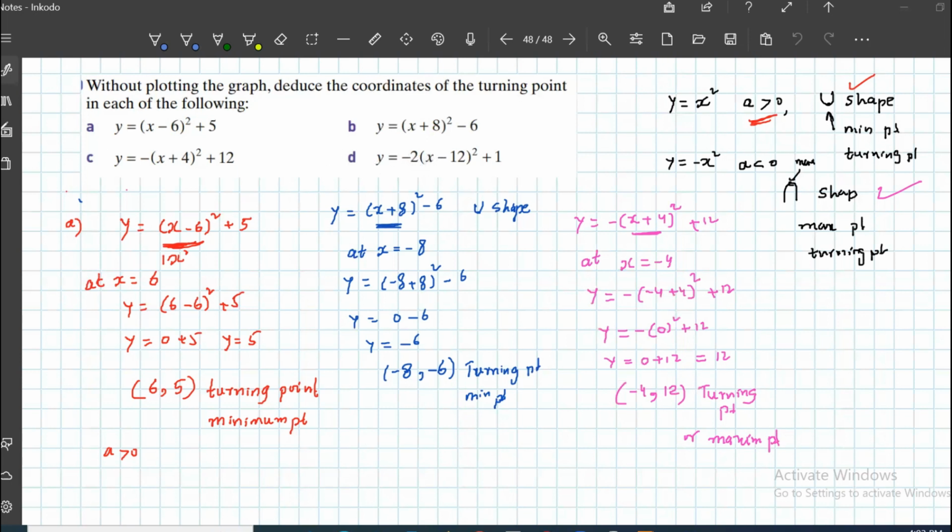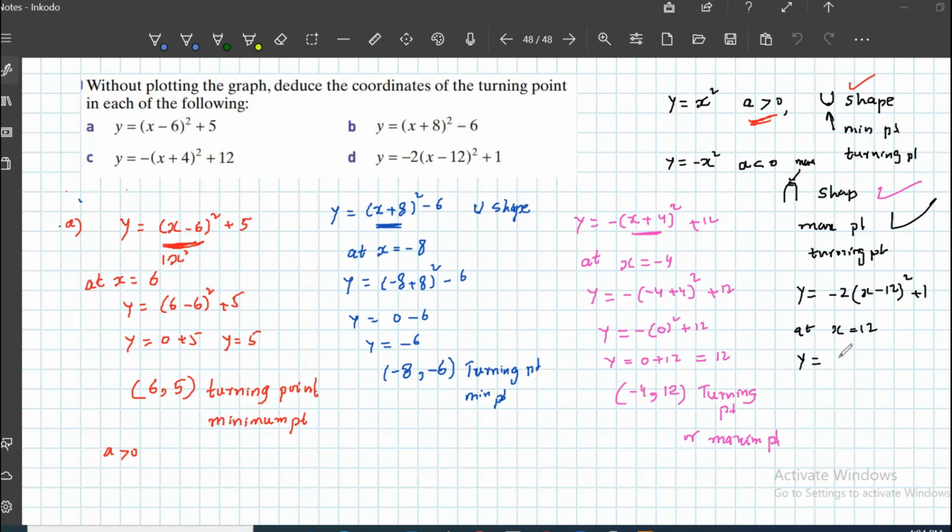And lastly, again we have a negative case, so it's an n shape. If I solve here, y is equal to minus 2 bracket open (x minus 12) whole square plus 1. Again, remember that the coefficient of x square is negative, so it is an n shape, and we are looking for the maximum point or turning point. For that, I will check at x is equal to plus 12.